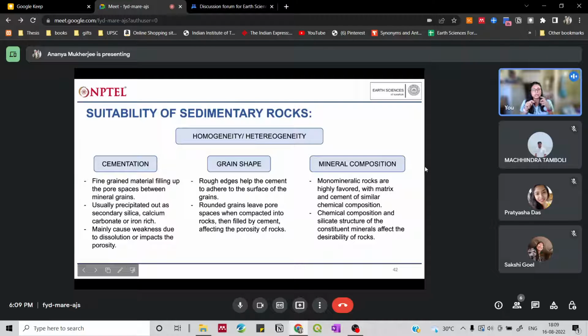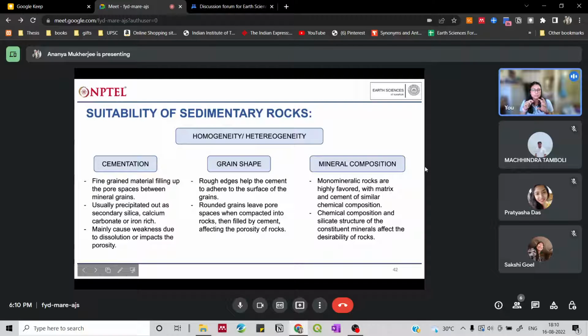When we say homogeneous rock, we mean that the physical properties of the minerals in the rock, and also the rock as a whole, are equal. So it's similar all across the rock.